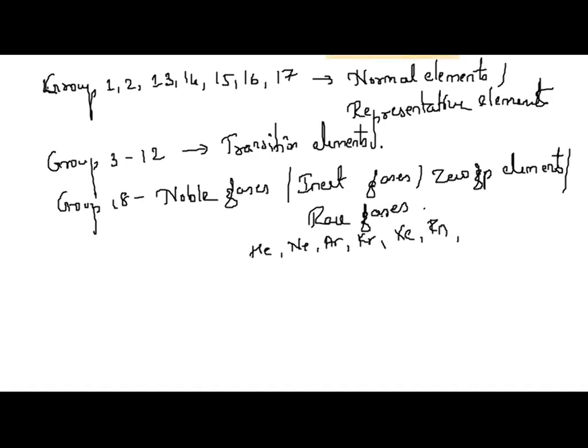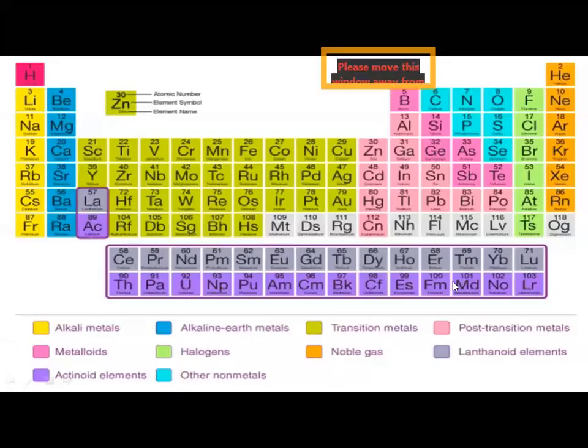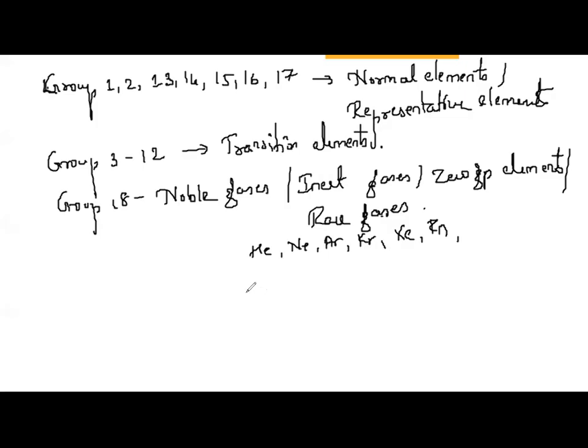The elements placed at the bottom of the periodic table, can you see these two series of 14 elements each, 1, 2, 3, 4, 5, 6, 7, 8, 9, 10, 11, 12, 13, 14. These two series of elements are called lanthanoids, 14 elements, and actinoids, 14 elements.